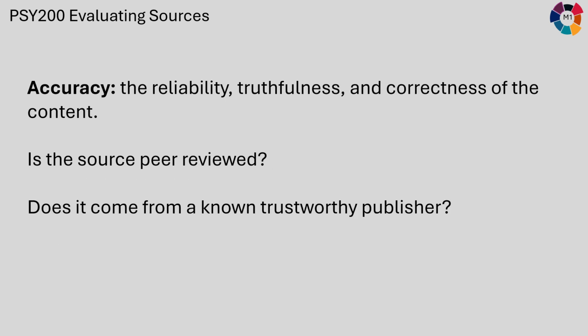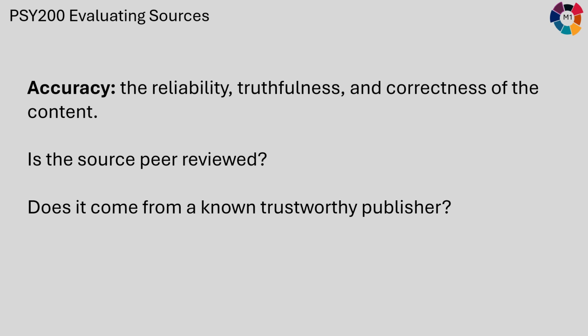Then accuracy. The reliability, truthfulness, and correctness of the content. Is it peer-reviewed? Does it come from a known trustworthy publisher or some shady publication? And you would know this because, for one, TCC is going to pick reputable publishers. So if you go through the TCC library, you're probably good. But just be careful, right?